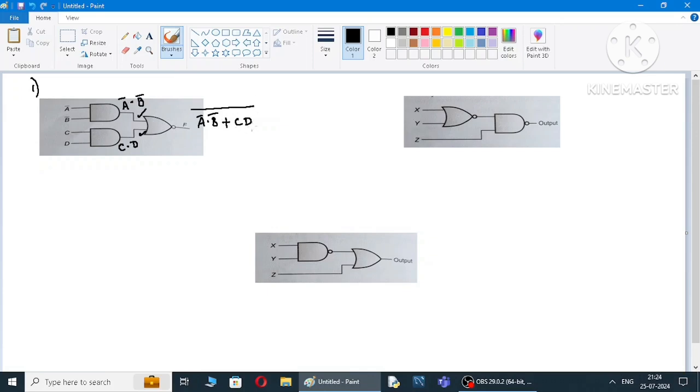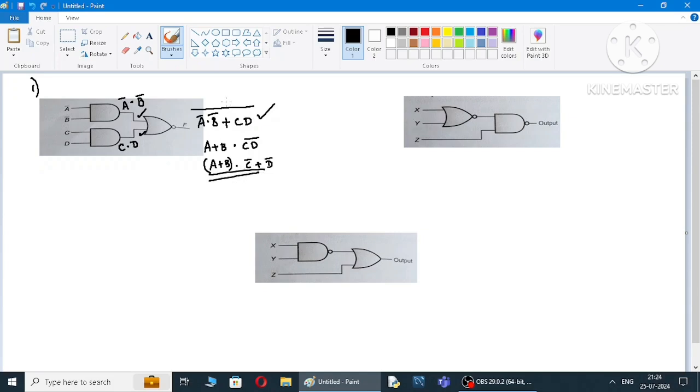And you can even find the complement. In the previous video, I told you how to find the complement. So this will become A plus B dot CD bar, which is A plus B dot C bar plus D bar. So this is how you frame the expression. Even this is okay, but this is the exact way of writing the answer.